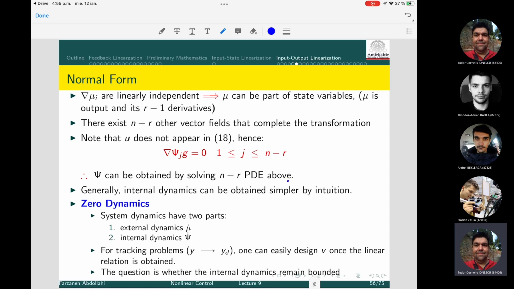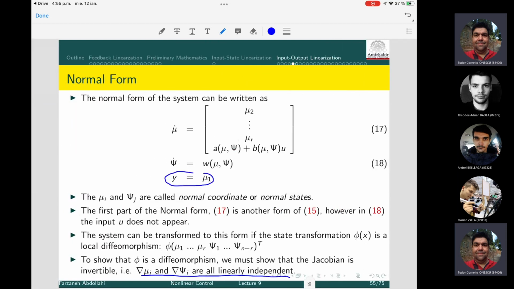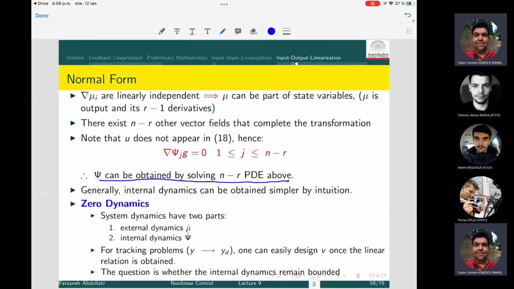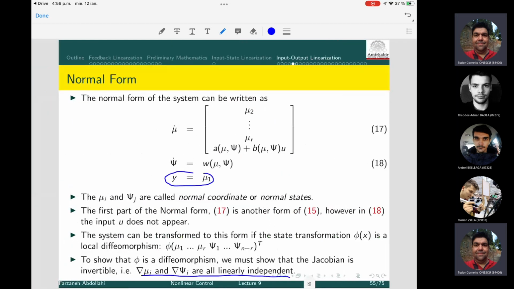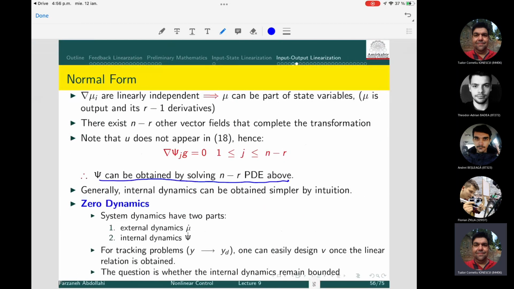Psi is obtained by solving n minus r, so n minus the relative degree, PDE equations. System dynamics have two parts: external dynamics, mu dot, and internal dynamics, psi dot, this one. For tracking problems, y has to go to yd.